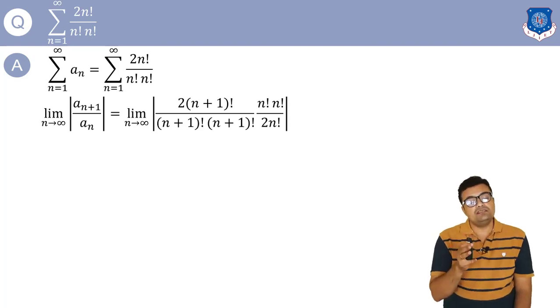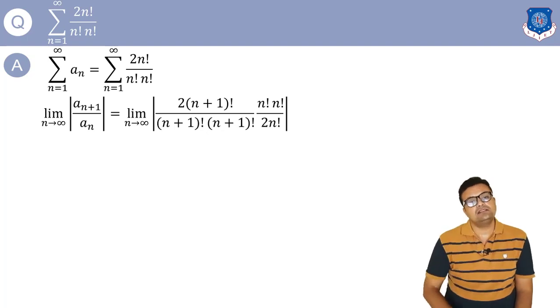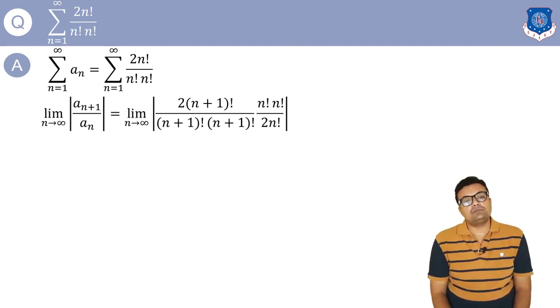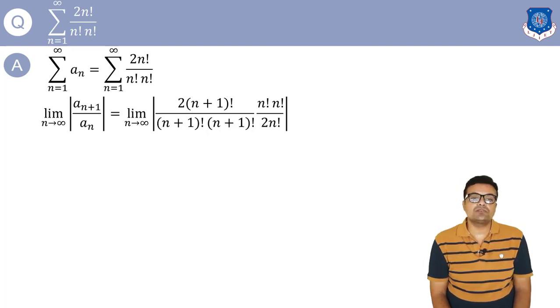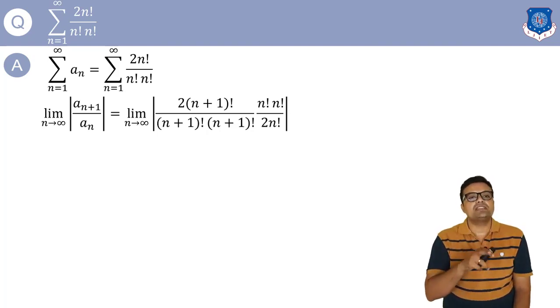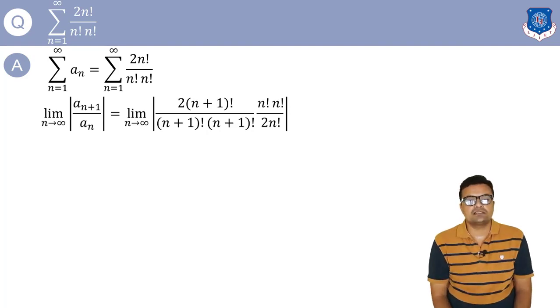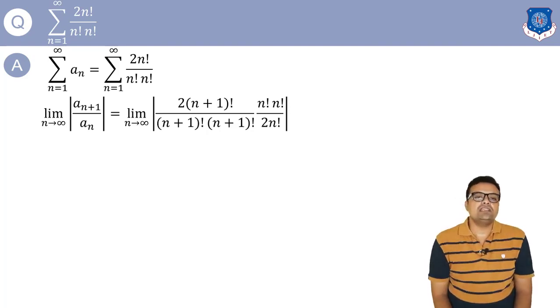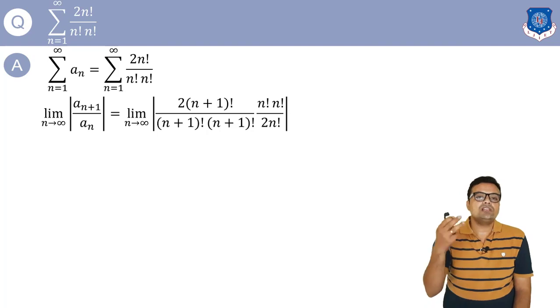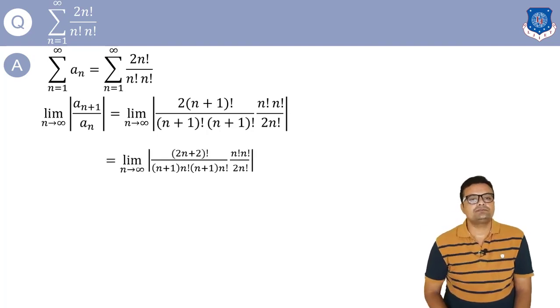For that reason, my two consecutive terms an plus 1 and an are in ratio given by 2 times n plus 1 factorial upon n plus 1 factorial into n plus 1 factorial. Everywhere I am replacing n with n plus 1, and in the denominator I am taking an, so it is 2n factorial, n factorial, n factorial.